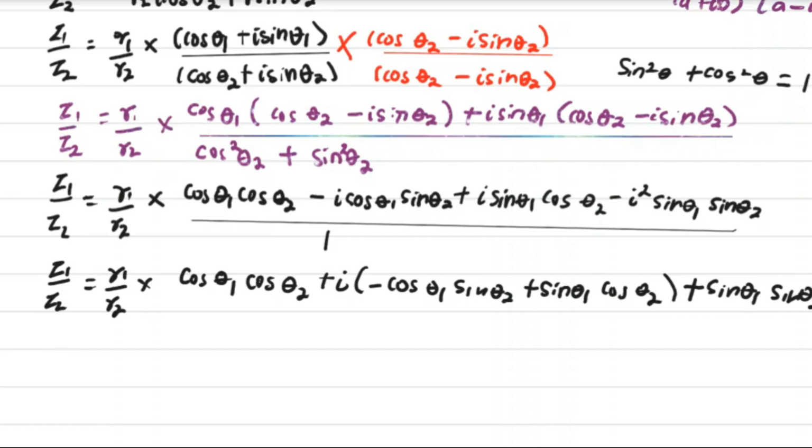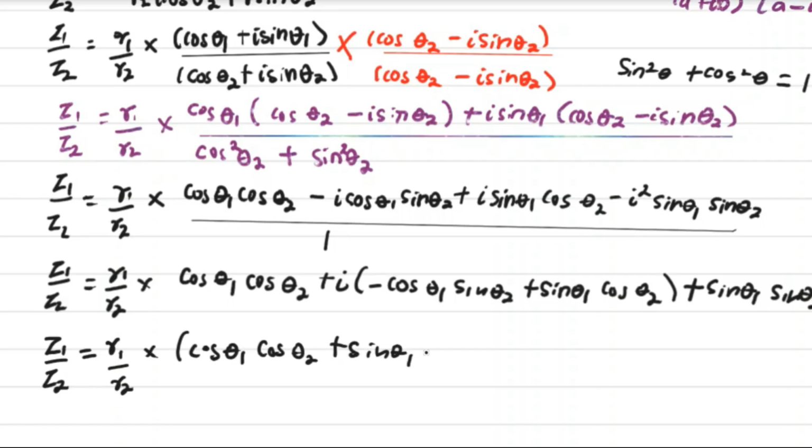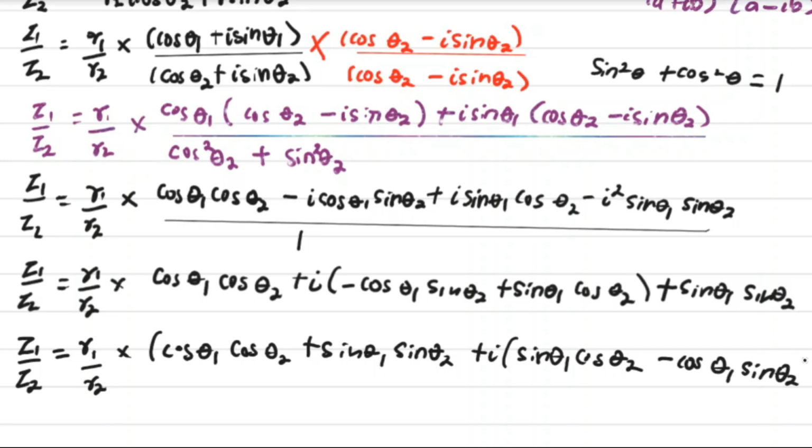So here our Z1 over Z2 is going to give us R1 over R2 multiplied by, collecting like terms, cos theta 1 cos theta 2 plus sine theta 1 sine theta 2 plus i into, if I make the positive sign come first, sine theta 1 cos theta 2 minus cos theta 1 sine theta 2, close the bracket.